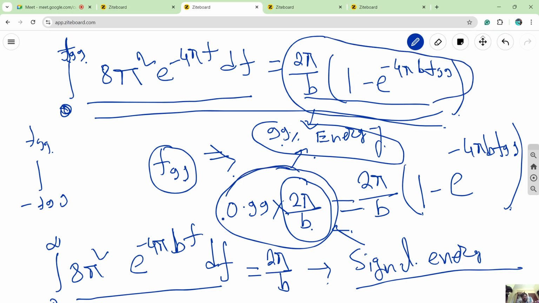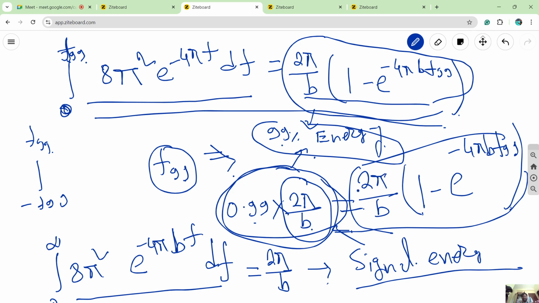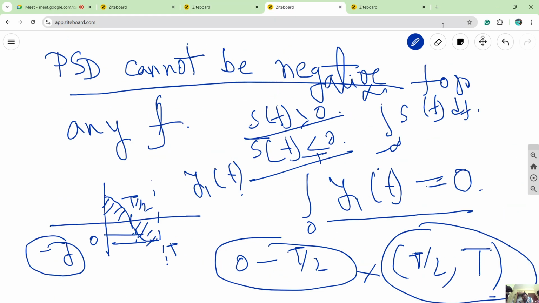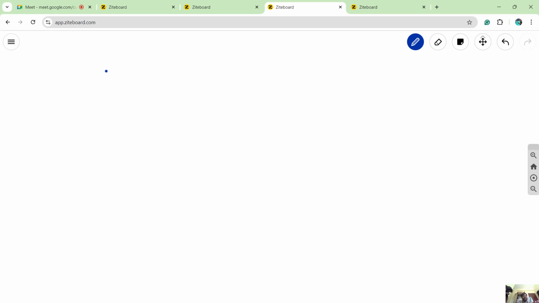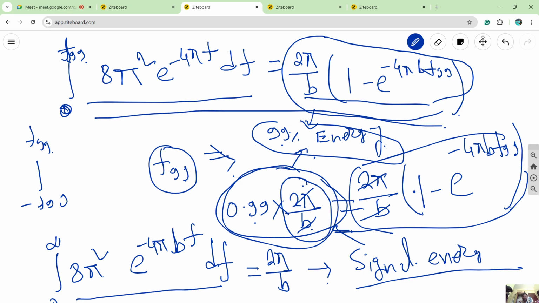This term should be equal to this term. That is what we have derived. And from here you can calculate the F99 value. It's a simple equation, 2 pi by b just cancels out, and then it comes like 0.99 is equal to 1 minus e to the power minus 4 pi b F99.